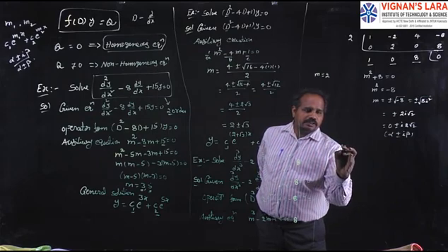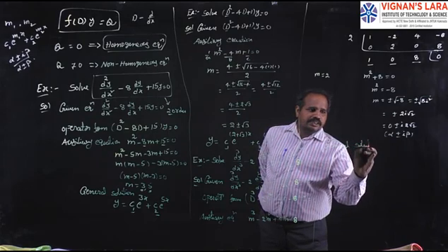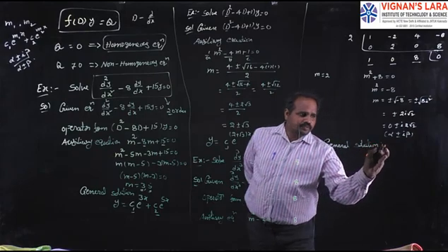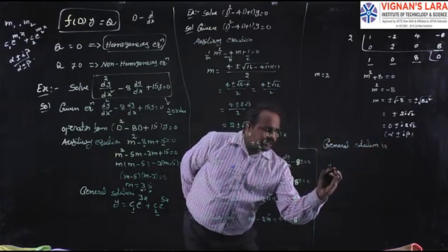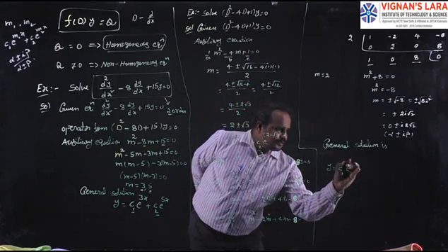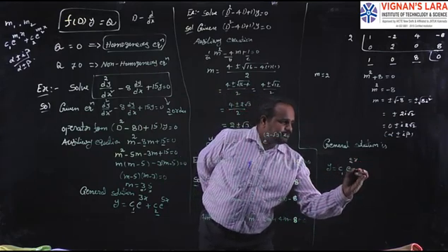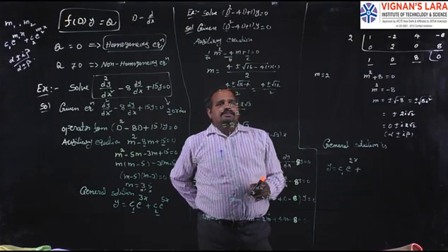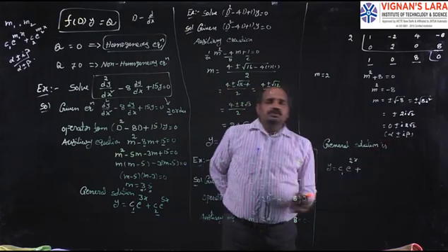General solution is y is equal to, first one is the real root, c1 e power 2x, plus the remaining two roots are complex roots.